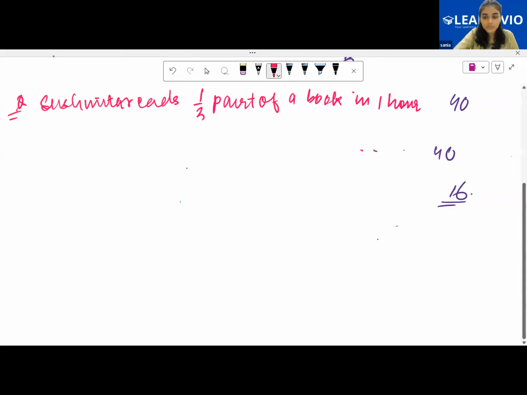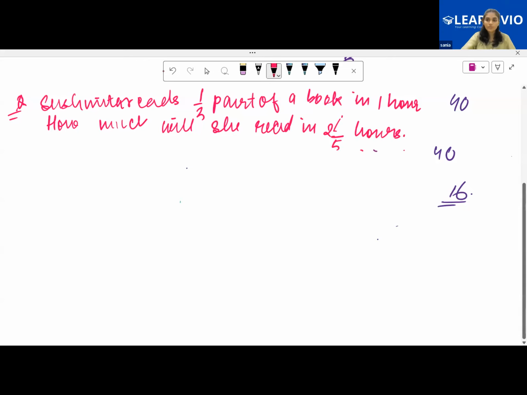And then how much part of the book will she read in 2 whole 1/5 hours?